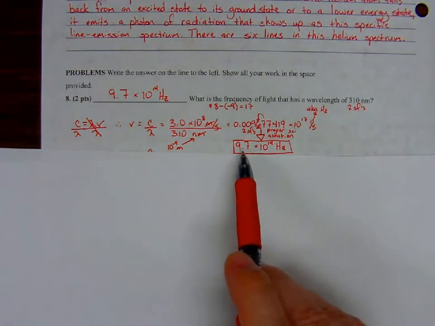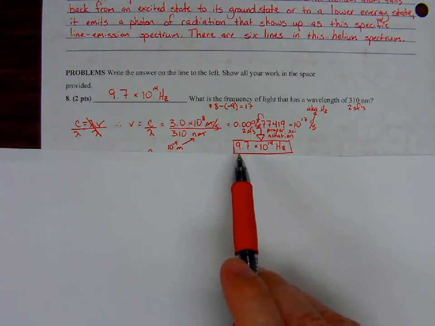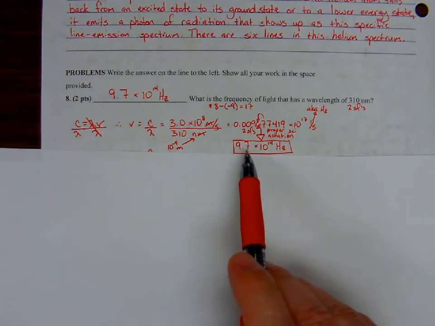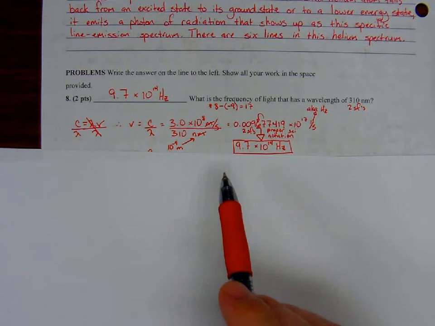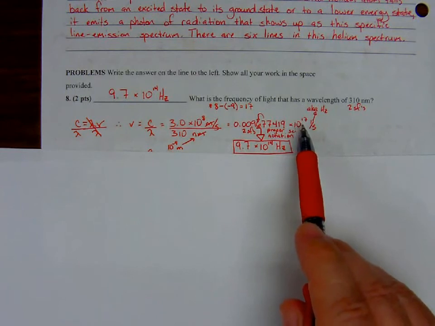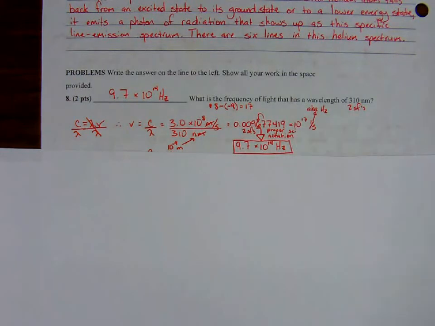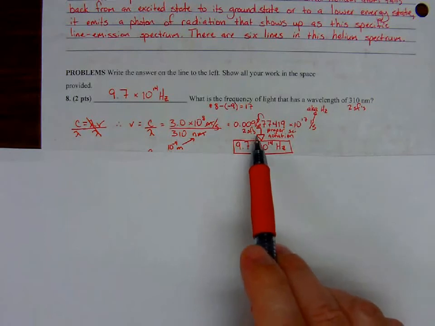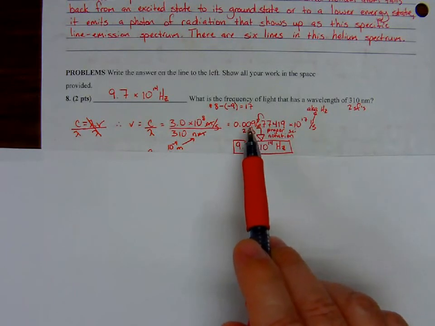And you guys remember my trick, which is as a result of moving the decimal from this value to 9.7, this number actually got bigger. Okay, is that fair enough? This is way, way less than 1. This is almost 10. So I think it's pretty clear that this number got bigger.